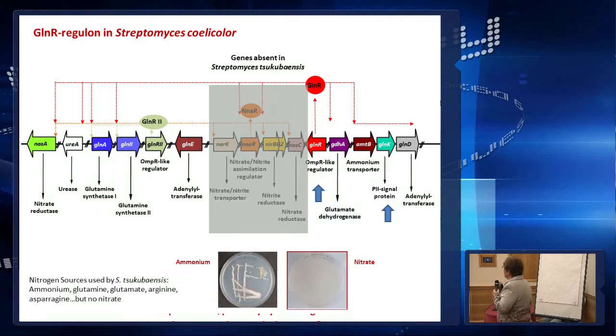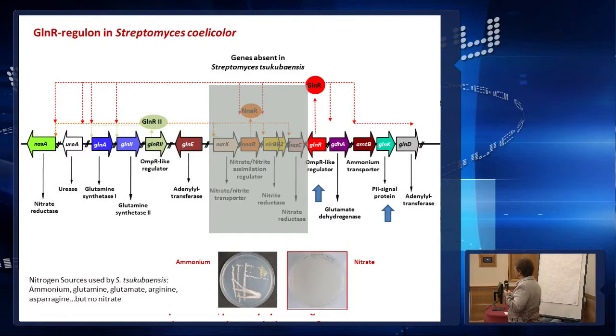When the genes for nitrogen regulation were studied in Streptomyces tsukubaensis, it was found that these clusters were different from those of Streptomyces coelicolor. Most of the genes were there, but all this group of genes here are absent from the Streptomyces tsukubaensis genome.